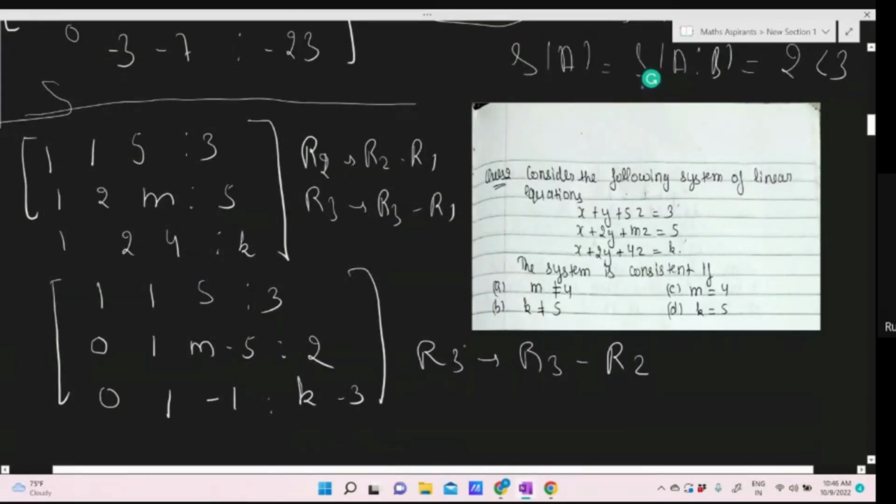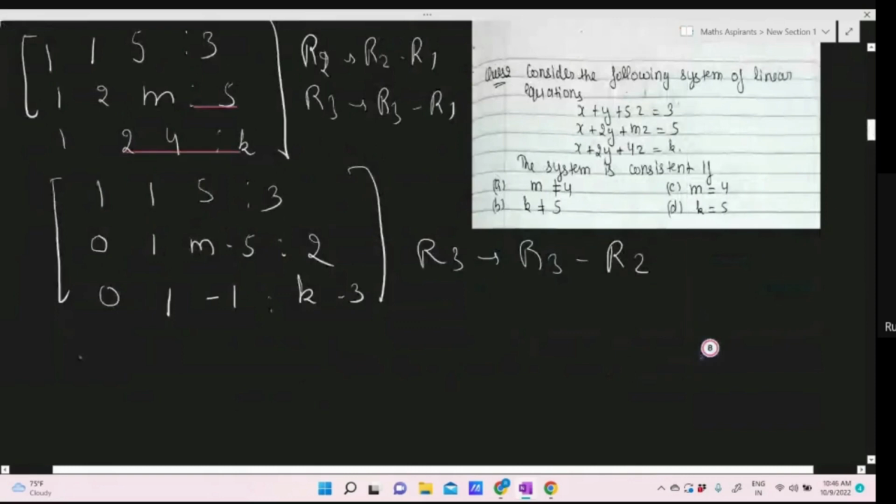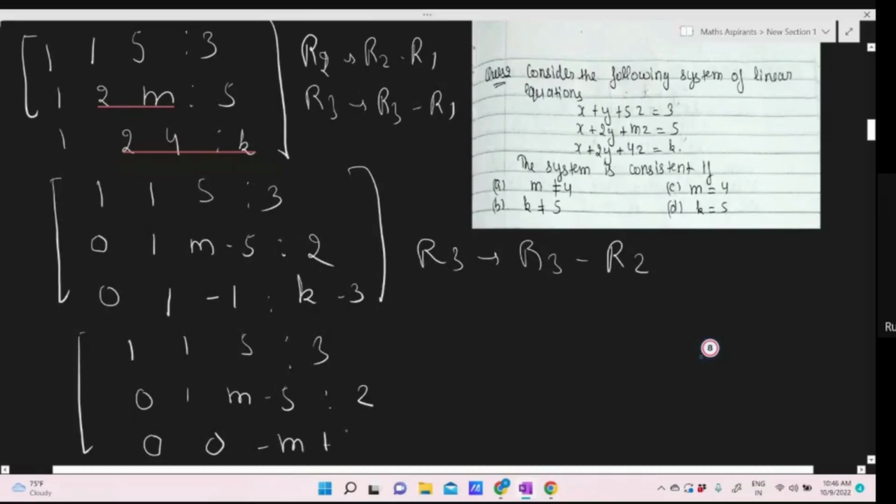And we get 1, 1, 5 and 3, 0, 1, M minus 5, 2, 0, 0 and minus M plus 4, and K minus 5.